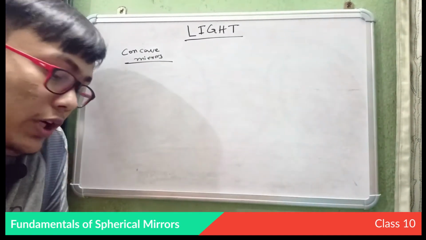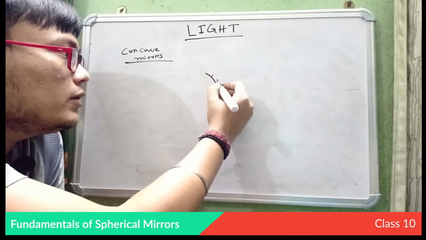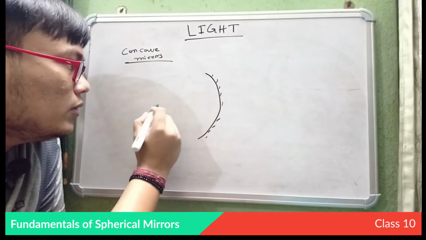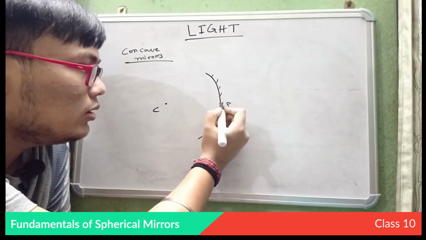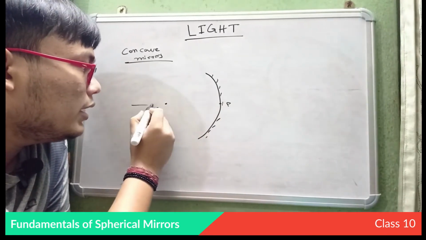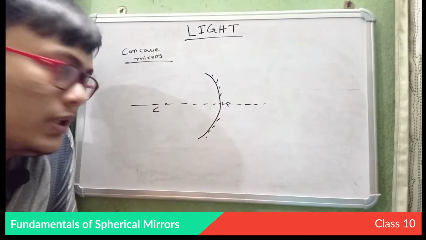Now if I draw it again, this is the polished surface, this is the center of curvature, this is the pole, and this is the principal axis joining the pole and the center of curvature, right?